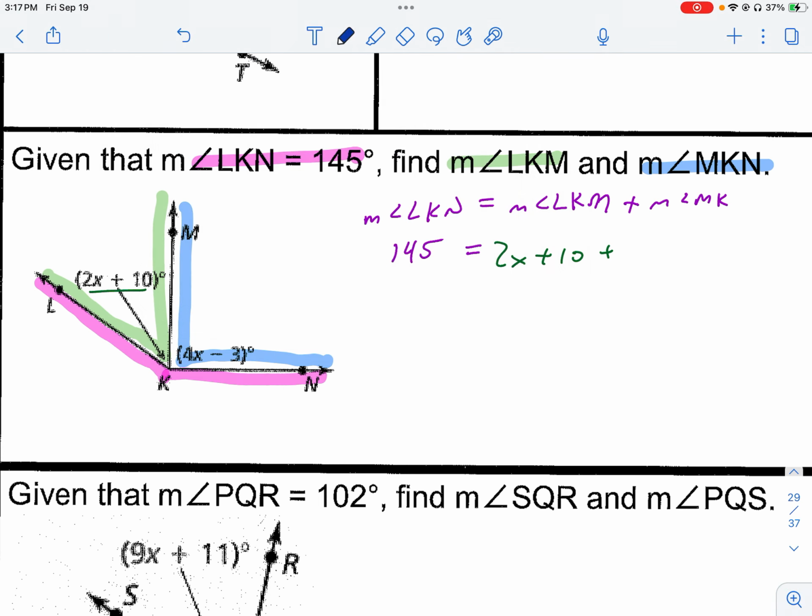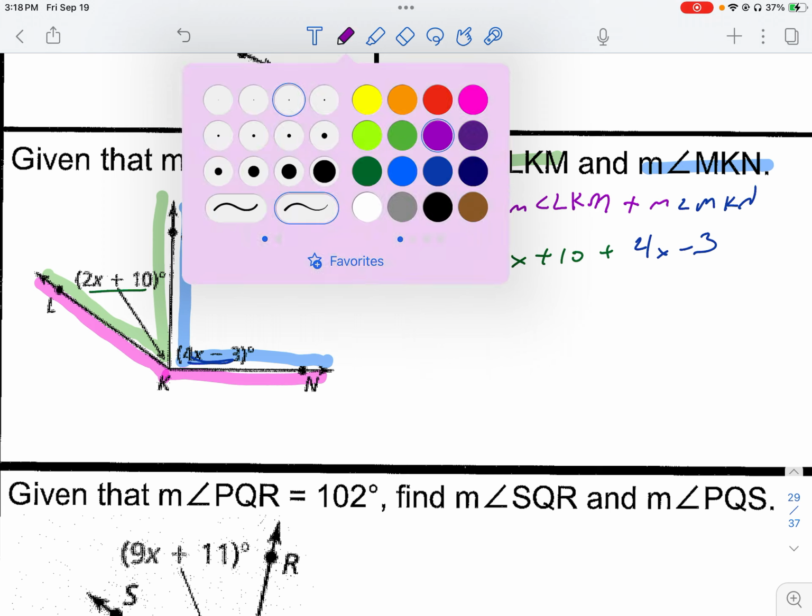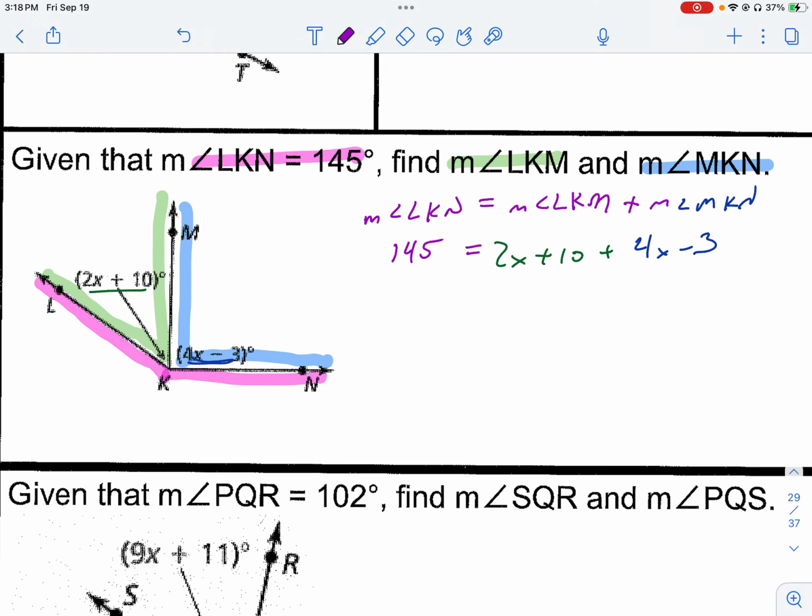And we know that the measure of angle MKN is 4x minus 3. And let's go ahead and solve, just like we've been doing since about 5th or 6th grade.